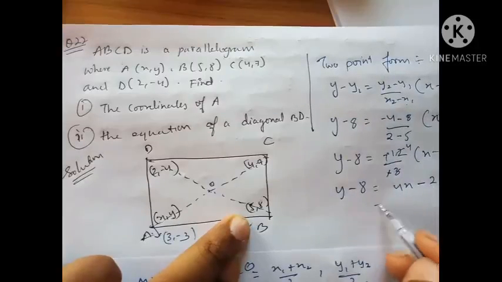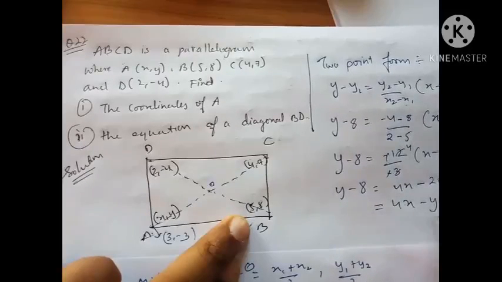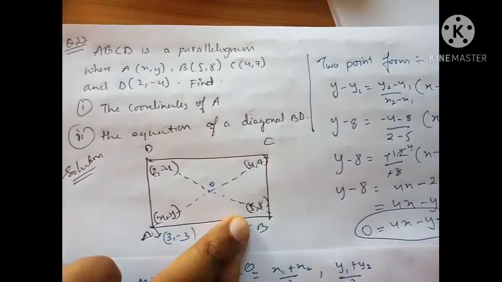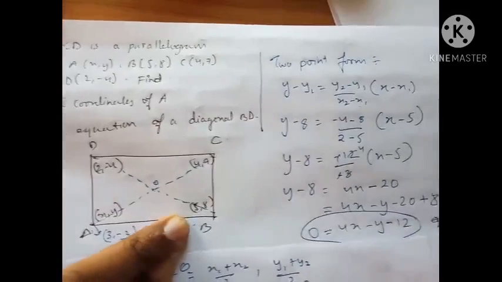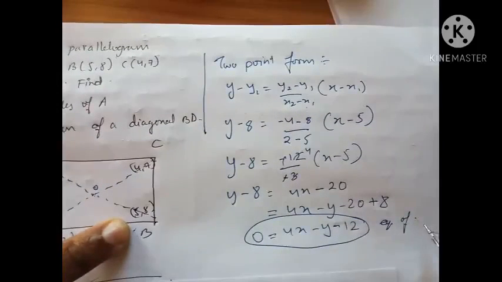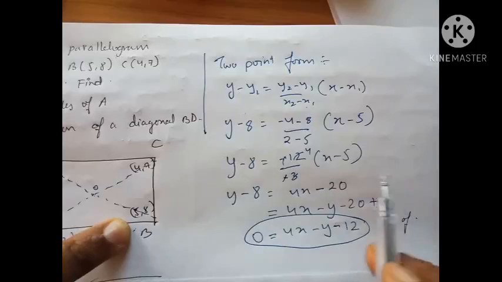And if I shift everything to one side, I'll get 4x minus y minus 20 plus 8, that is going to give me 4x minus y minus 12. So this is the equation of the diagonal BD. I'm really sorry guys, I wasn't showing you this. You can have a look again.